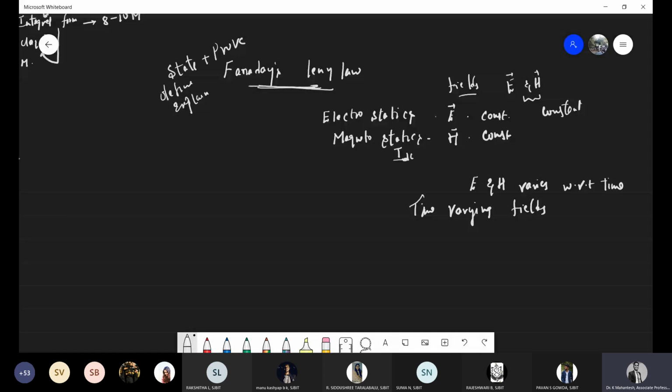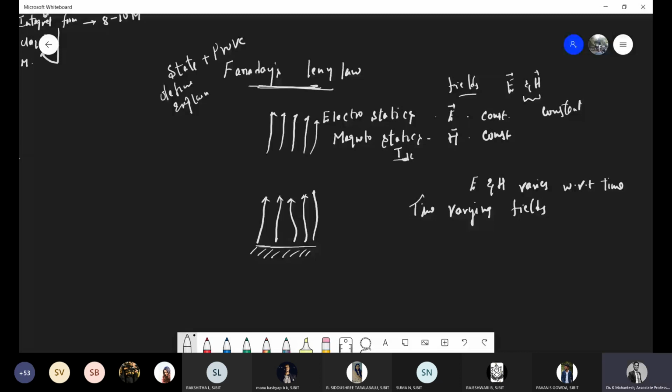See here, if you have a magnetic field, like if it is varying with respect to time. So this is a magnetic field. If this is the ground level, and the magnetic field is varying somewhere here like this, it's varying with respect to time.